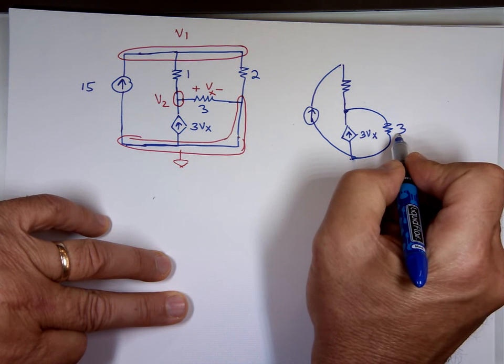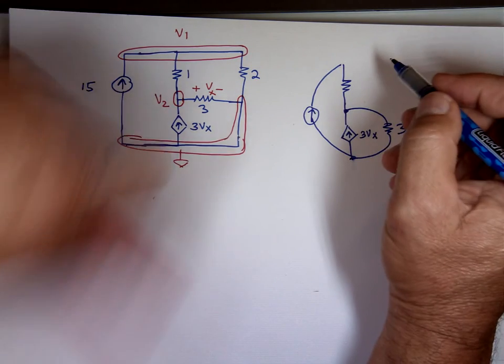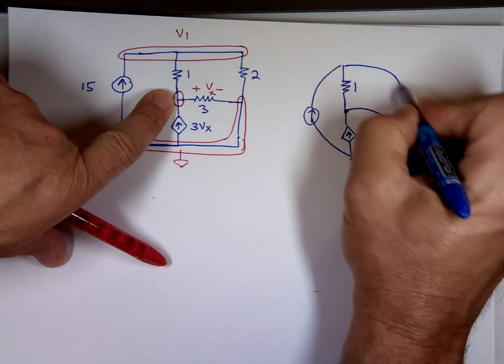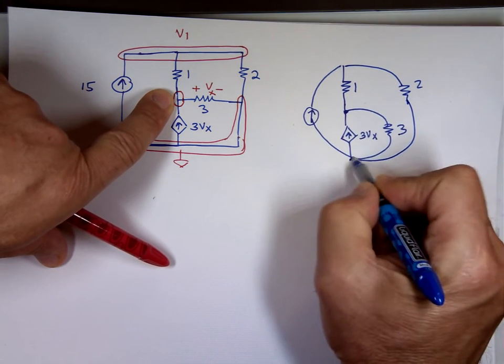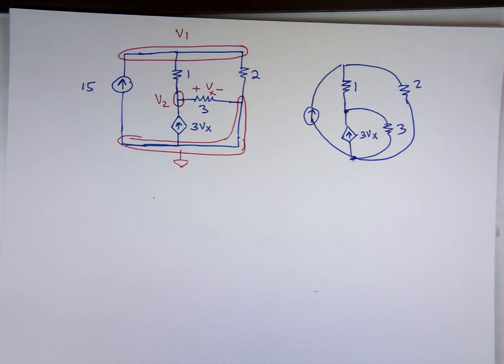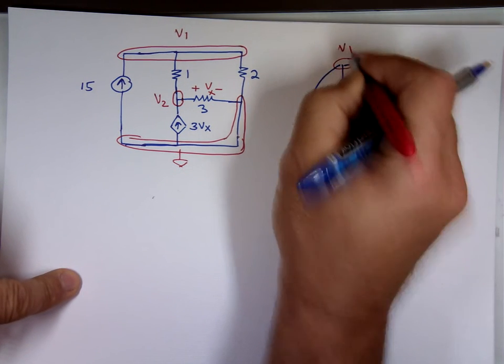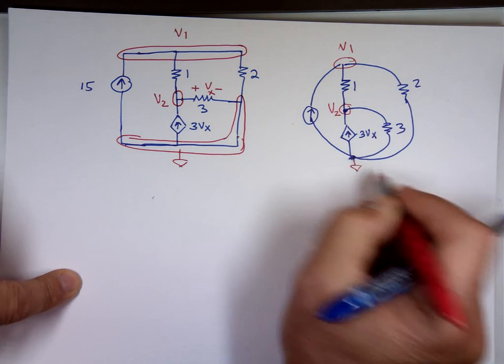And where's that one on the top? That's the one here. And this one is attached right here. That's what that circuit looks like. This is V1. This is V2. And this is your ground. It just looks different.